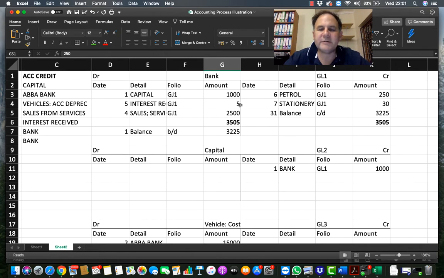Now one last thing before we go, let's just quickly balance off this account in the general ledger, the bank account. So we can cheat here. You can see there's 3,505 here. So I'm going to delete that, and forget that this line is here for a moment.